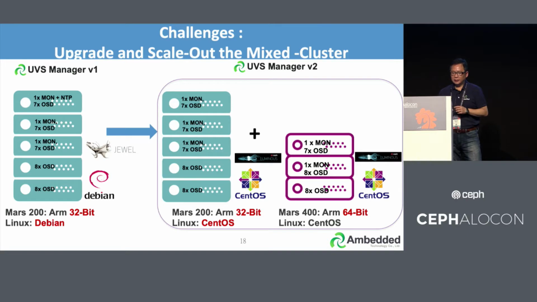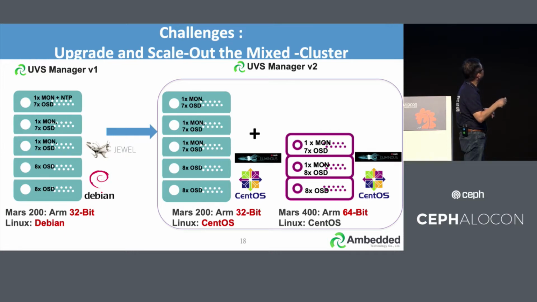Okay, so this is the target of the migration. Originally, we totally have all of the OSD on ARM32 and Debian, and all of them are Jewel with the Debian operating system.